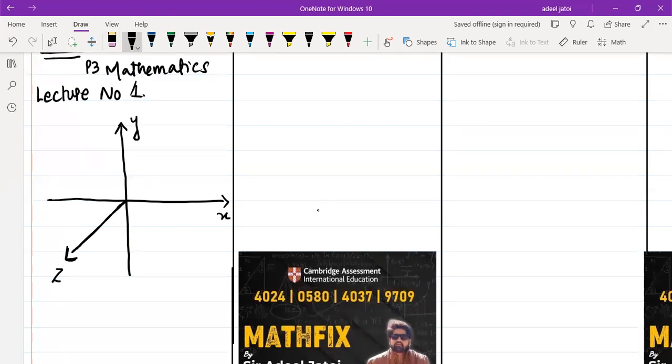So this will become your Z. Now you have three different particular angles working on the x-axis, y-axis, and z-axis.